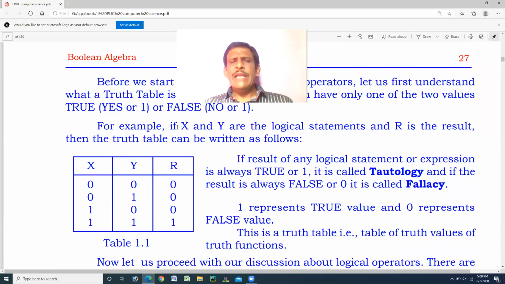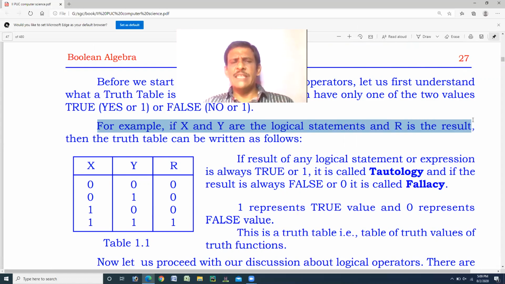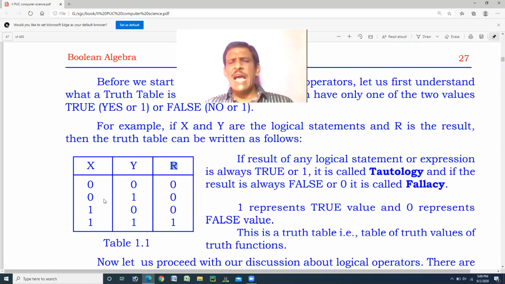For example, if x and y are the logical statements and r is the result, then the truth table can be written as follows. x may be 0, y may be 0; x may be 0, y may be 1; x may be 1, y may be 0; x may be 1, y may also be 1.